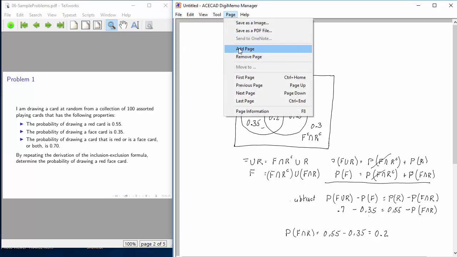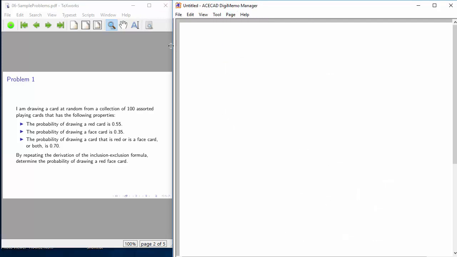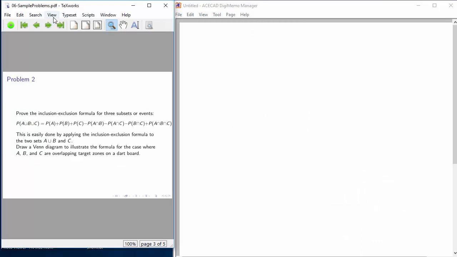And let me remember to add a new page and to advance the problem. And the next problem is to prove the inclusion-exclusion rule for 3 events.